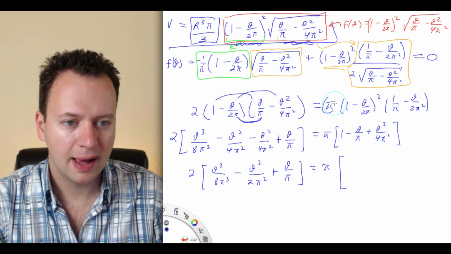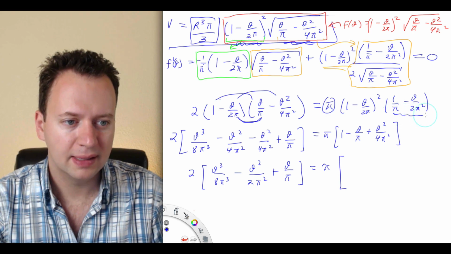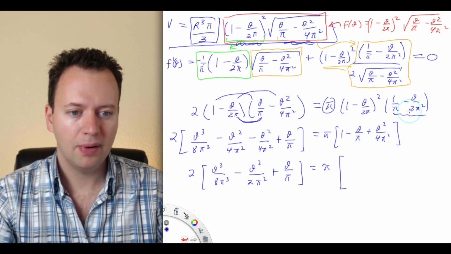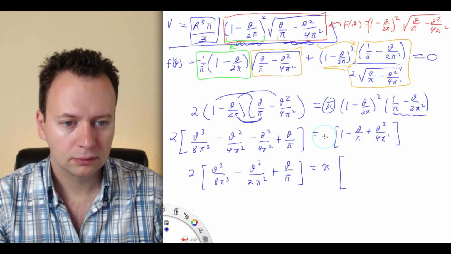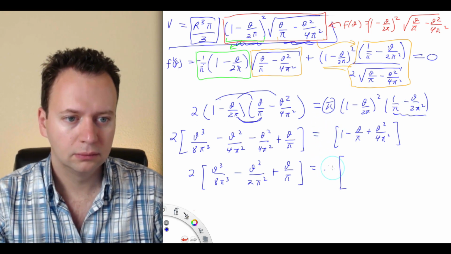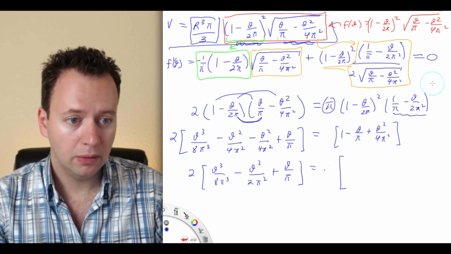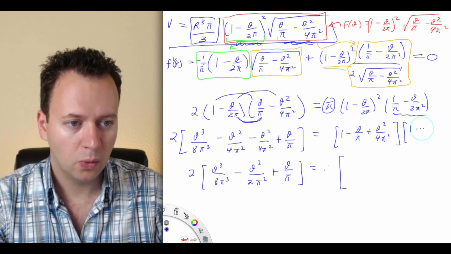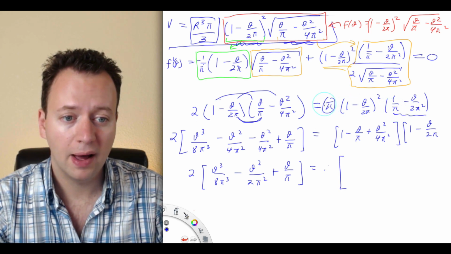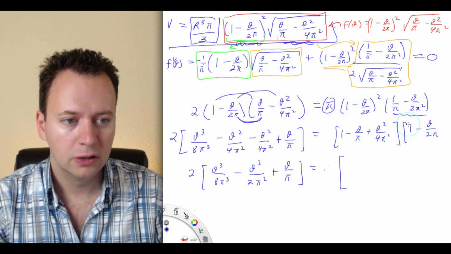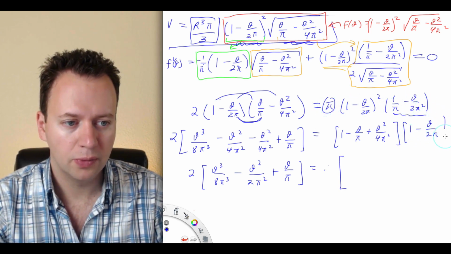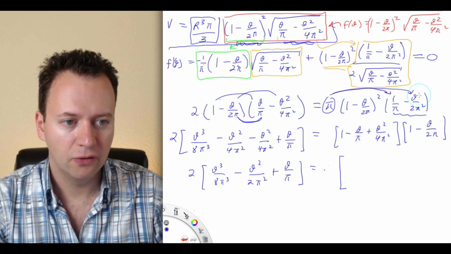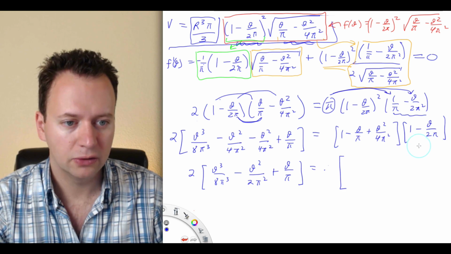So this pi, let's bring that into here and we get cancellation, pi over pi, pi over pi. So that pi can then go like this. So it's 1 minus theta over 2 pi, right? Because we get pi over pi and then pi over pi squared. So we just get 1 minus theta over 2 pi for the second term. So I've factored that factor of pi into this second term.